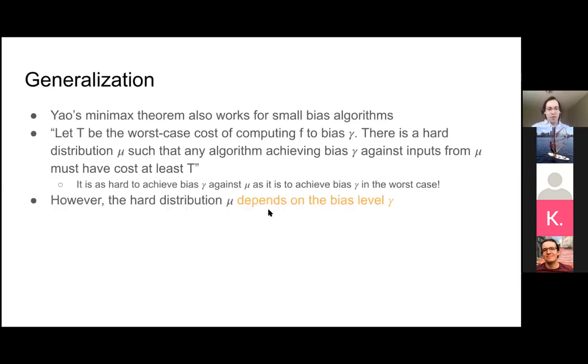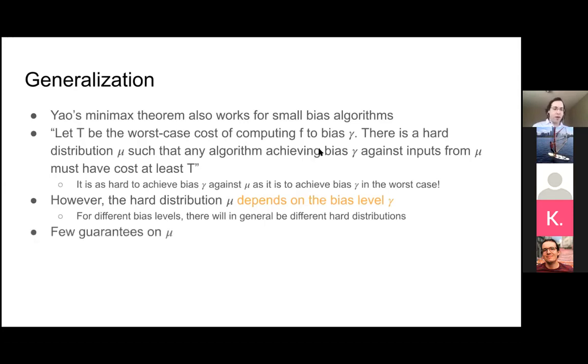However, one problem with Yao's Minimax is that the distribution mu depends on gamma. You don't just get a hard distribution that works for all bias levels. You get a hard distribution tailored to your one bias level. And for different bias levels, you will get different hard distributions. Also, in general, there are basically no guarantees on the distribution except that it's hard.